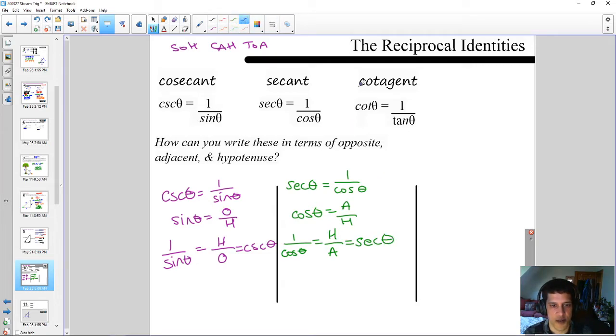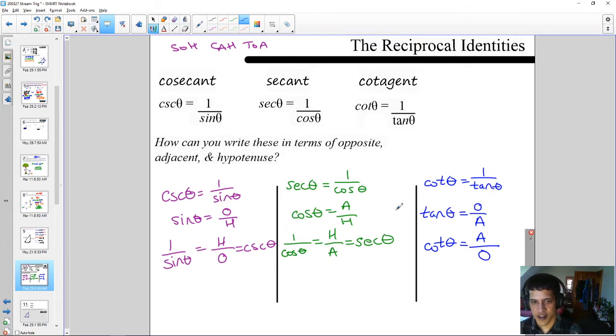And then for our last one, we've got cotangent theta. That's equal to 1 divided by tan theta. Remember that tan theta is opposite over adjacent. So therefore, cotangent theta is adjacent over opposite.